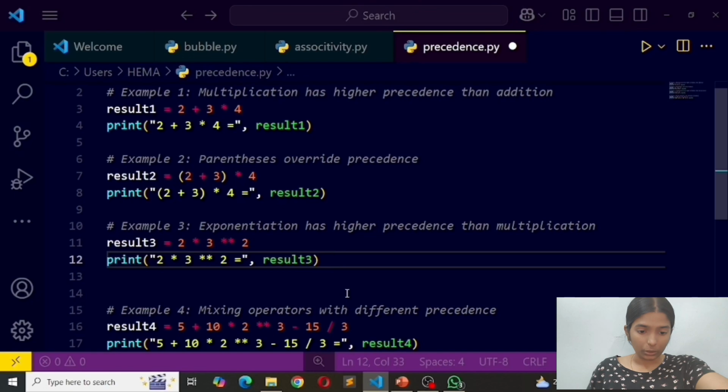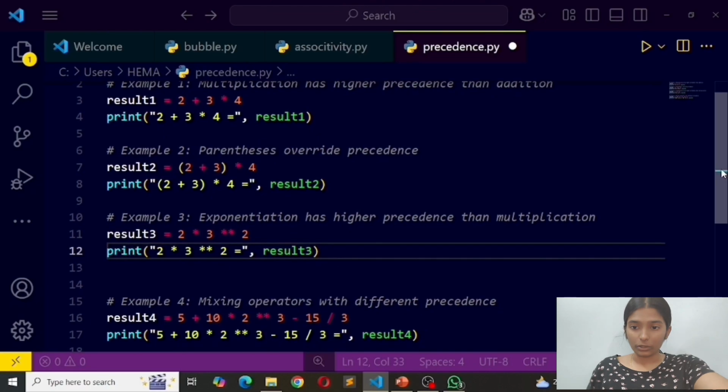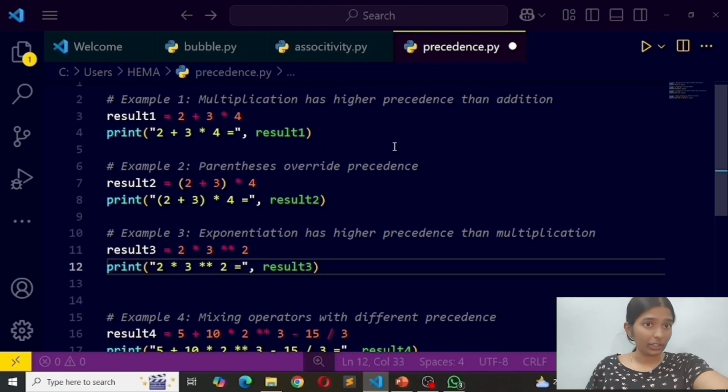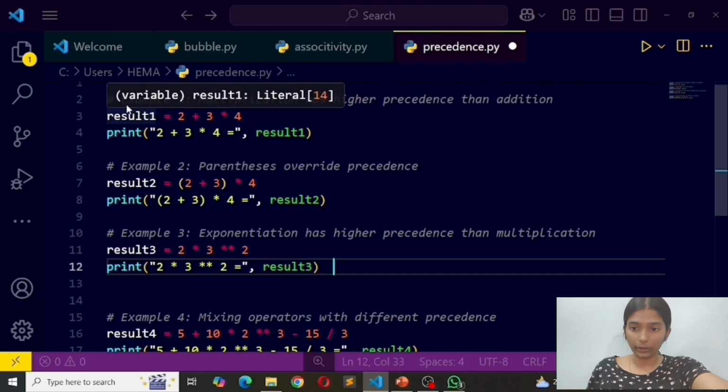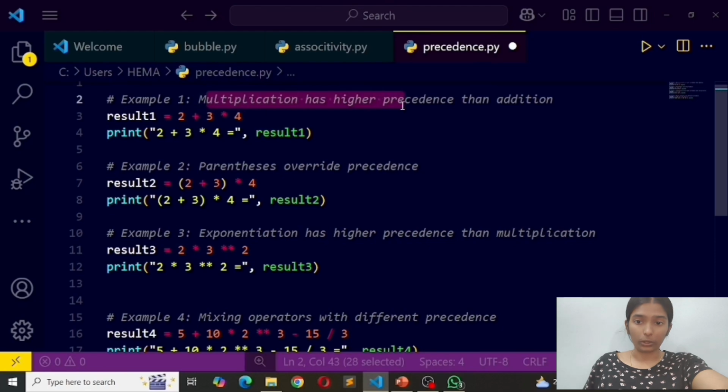For that, we need to open our VS Code. So now, when you open your VS Code, here I have some examples for you. When you look at the first example, result 1, which is 2 plus 3 into 4.